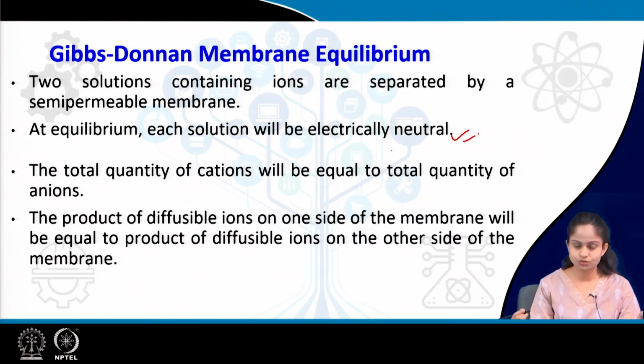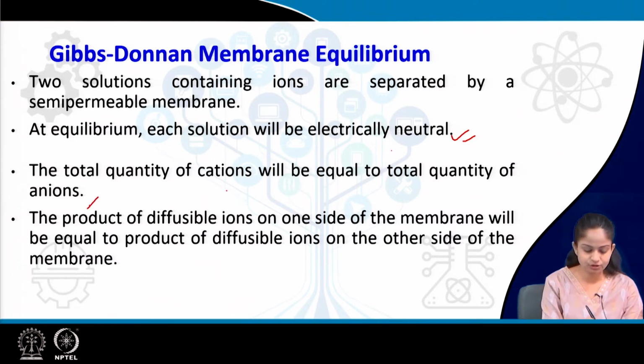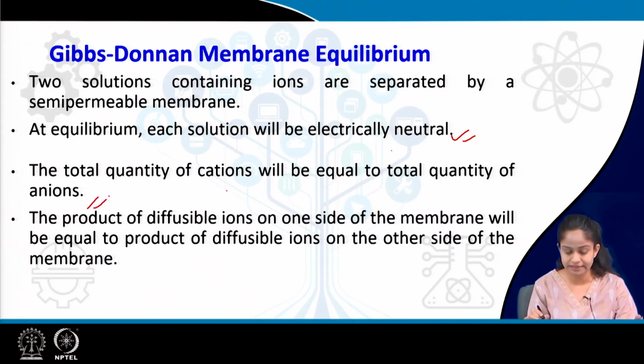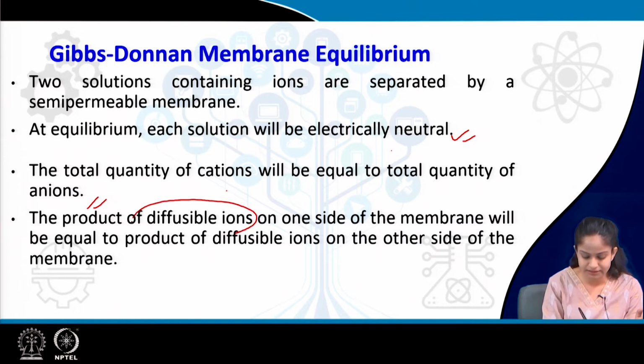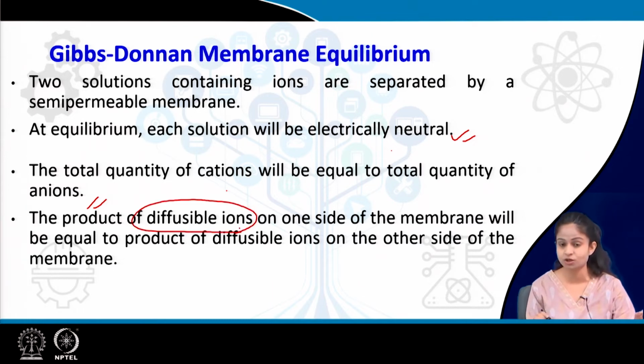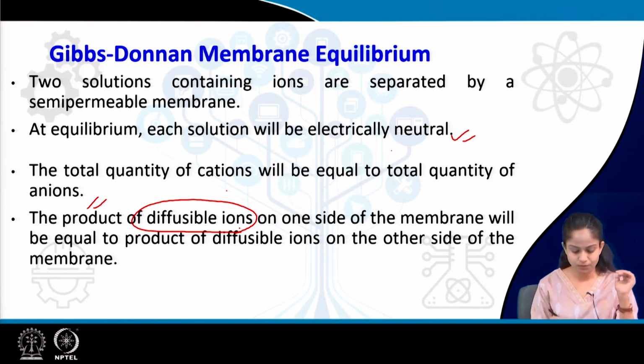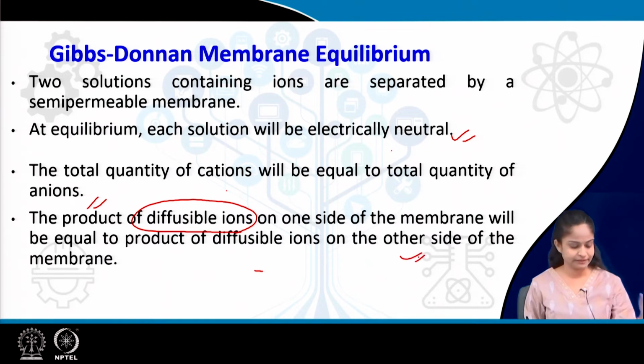First, the total quantity of cations will be equal to the total quantity of anions. Second, the product of the diffusible ions. The term diffusible ions is very important; we are not considering ions which are not diffusible. The product of the diffusible ions on one side of the membrane should be equal to the product of the diffusible ions on the other side.